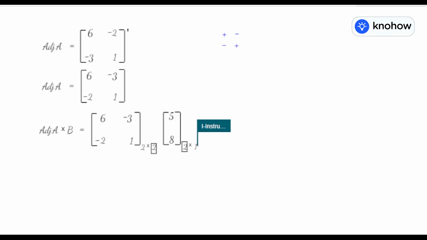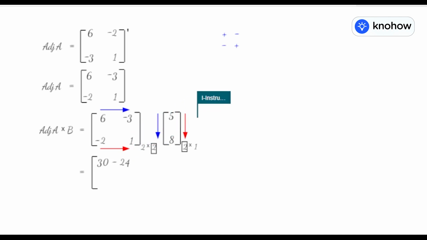And how do you multiply? Elements of first row to be multiplied by the column, and you get 30 minus 24, and then similarly you multiply the elements of second row with the column, so you get minus 10 and plus 8. So you get matrix equal to [6; minus 2]. Of course, this is not a zero matrix, so what do you conclude?